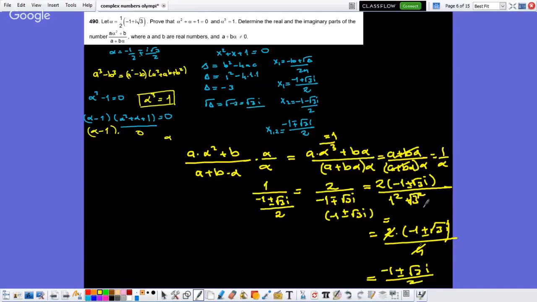Root 3 squared it's going to be. Because root 3i it was, and you know, root 3i squared it must be. Thank you very much for correcting the mistake.